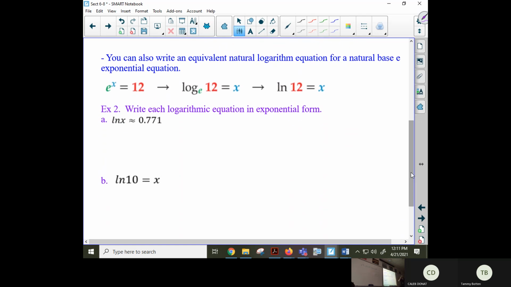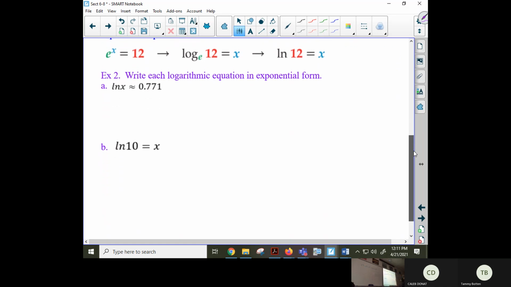All right, so now, like I said, we're also going to be switching from an exponential function to a natural log. And then sometimes we do the opposite, where we switch from a natural log to an exponential.